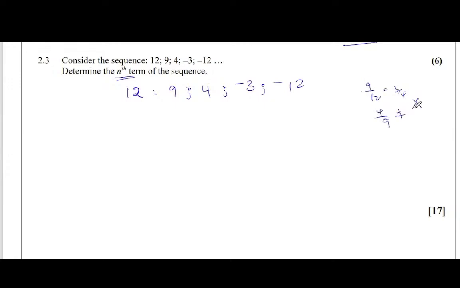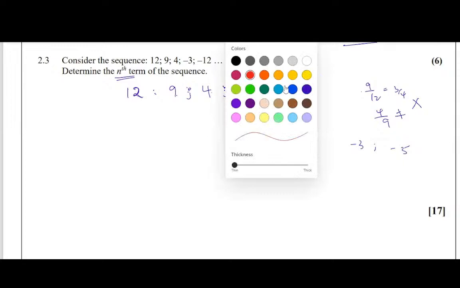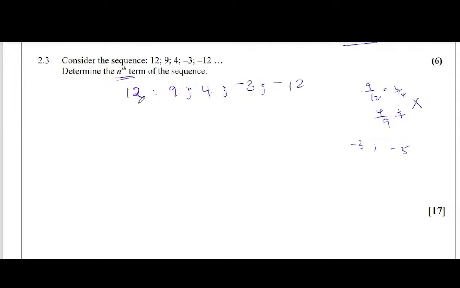So geometric is out. What if we tried arithmetic? We remember arithmetic must have the same constant difference. What is 9 minus 12? That's -3. And then 4 minus 9, that's -5. So still, it's not arithmetic. So let's try the last option, which is the quadratic.